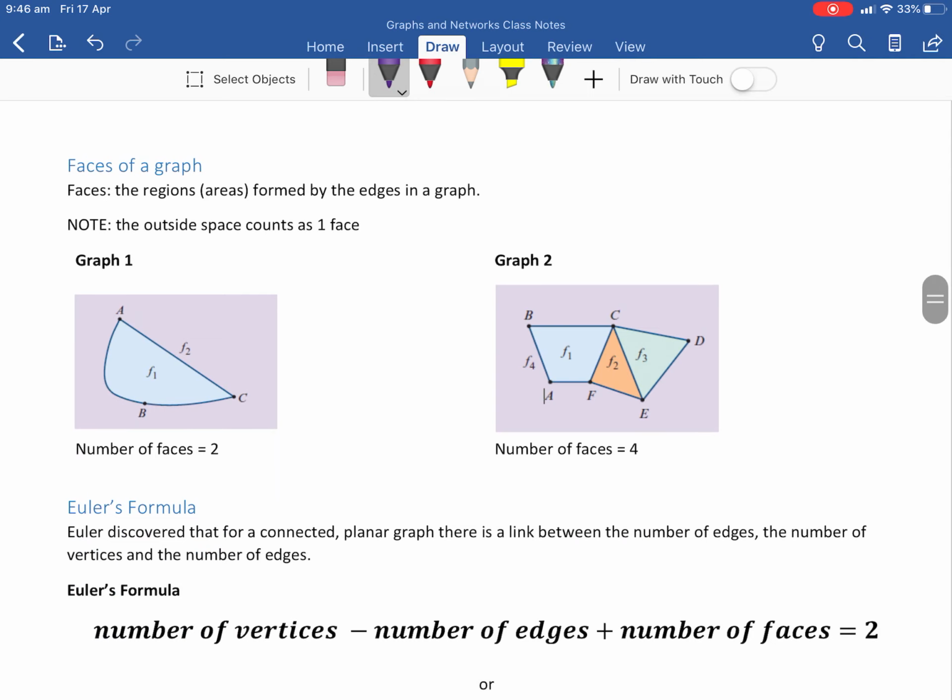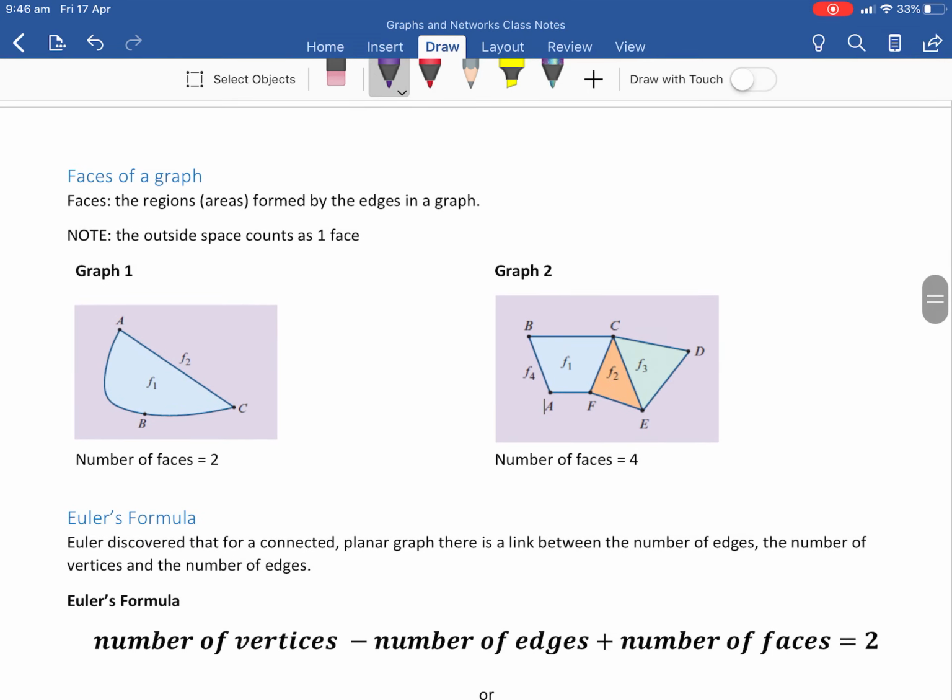Another thing we're looking at today is faces of a graph. What that means is that the edges that connect the vertices will form a region, which is what we call a face. Now this is very important to note: the outside space counts as one face of the graph.